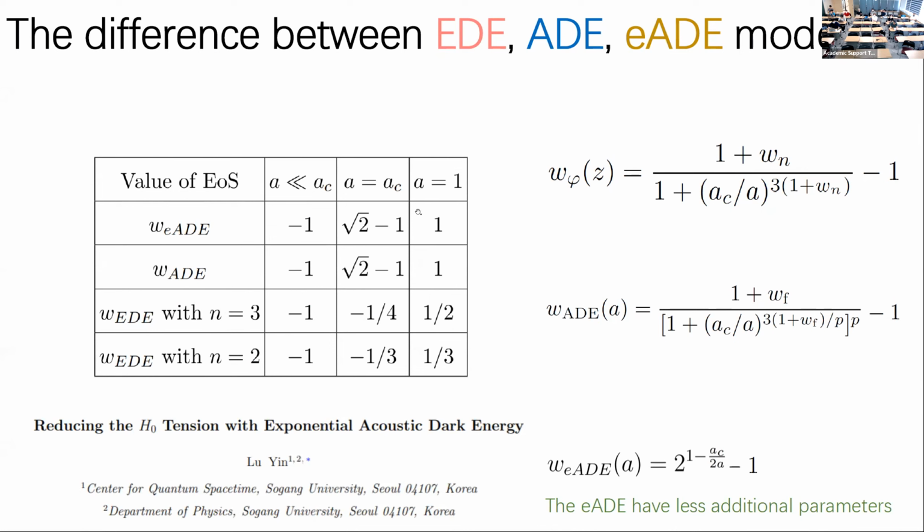At present, a equal to 1, they will change to different things. It means after this time, this additional dark energy, in all of the 3 models, will change and disappear in the late time universe.